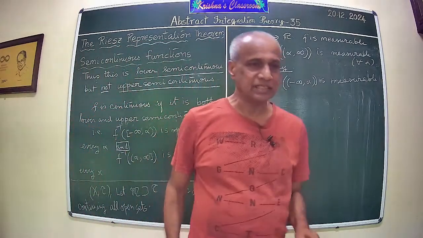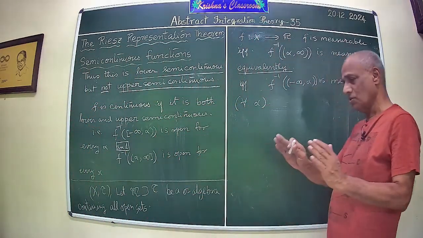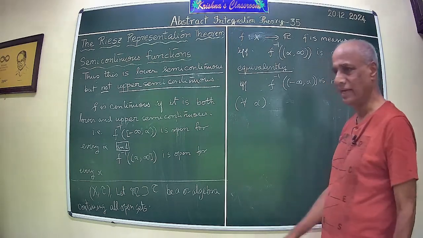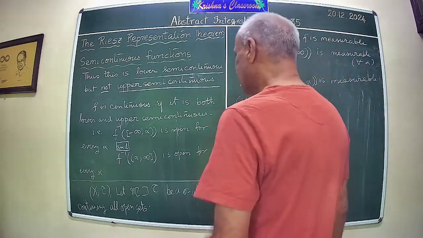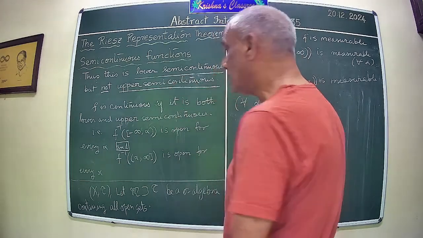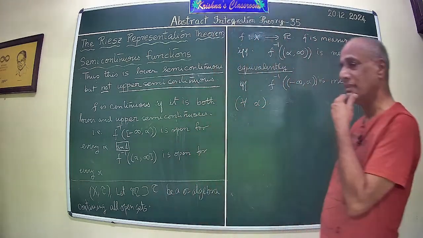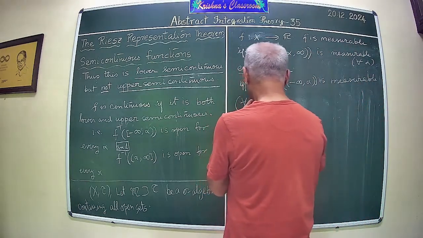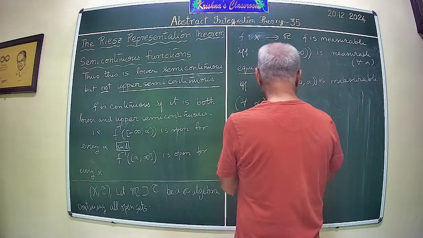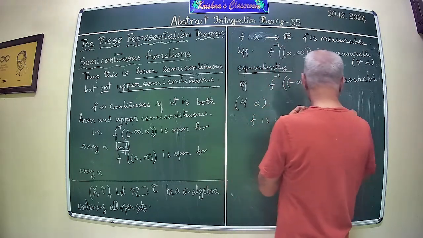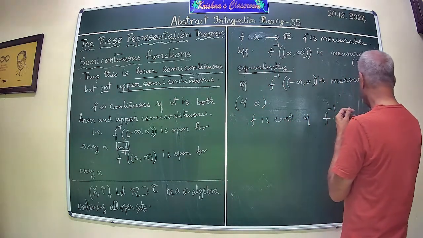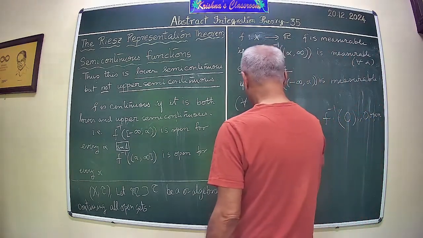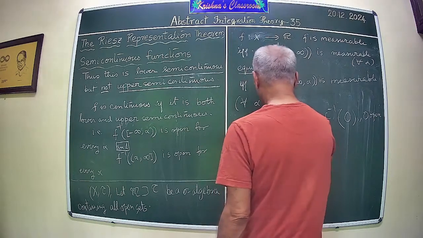In fact, this is because if open sets are in M, then closed sets are also in M. Whereas for a continuous function, the condition that you have is this: F is continuous if F inverse of any open set O is open.